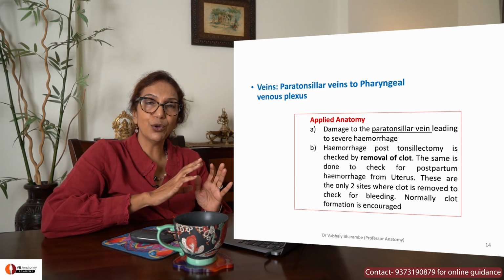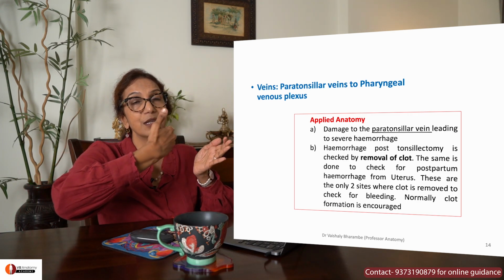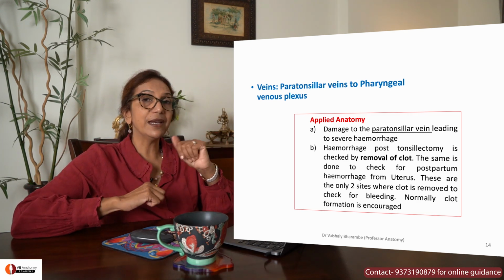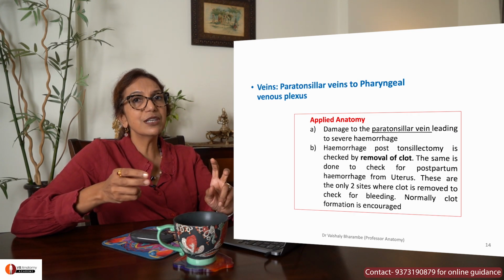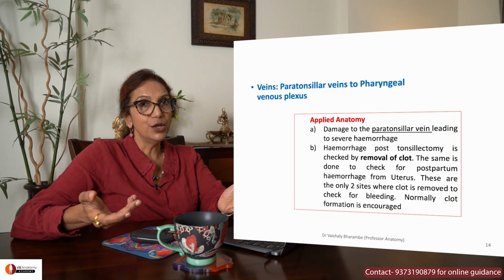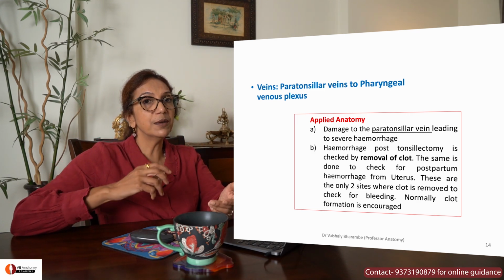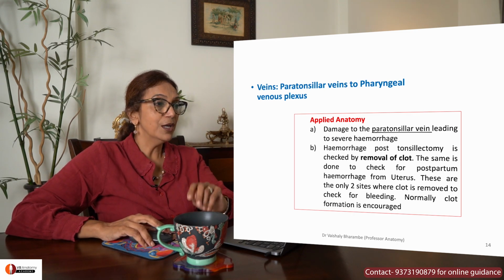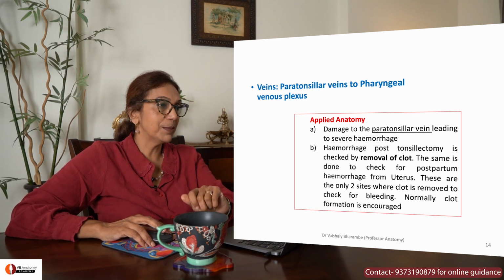But in case of tonsillectomy, usually you go and remove the clot to see if there is oozing from the paratonsillar veins. Okay, there is another situation where we do this, that's in postpartum hemorrhage from the uterus. Here too you have to remove the clot to check if there is a postpartum hemorrhage happening. Okay, so this is asked in the exams quite often, so just remember this.